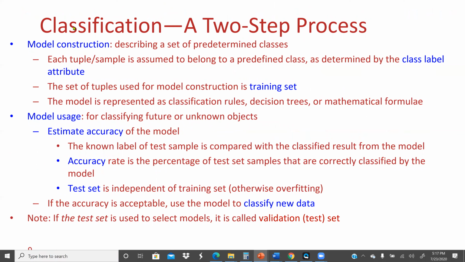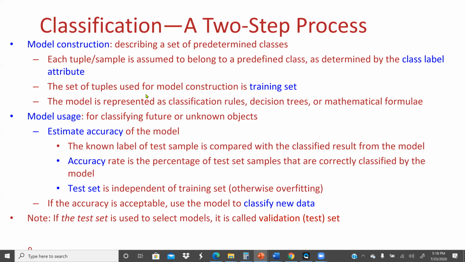We also said earlier that classification is a two-step process. First, we build a model, so model construction. In this case, we use the training set to build a model describing a set of predetermined classes. Each tuple or sample is assumed to belong to a predefined class as determined by the class label attribute. Tuples or samples can also be called observations.